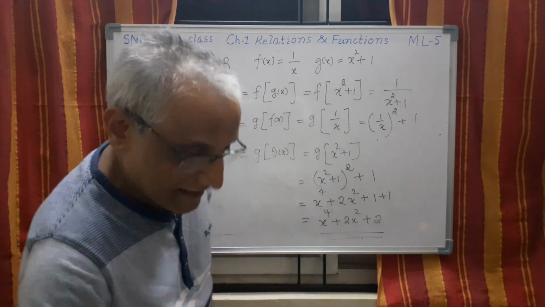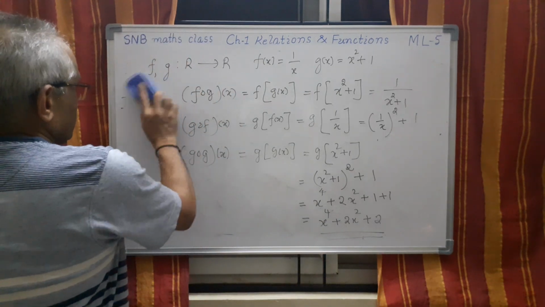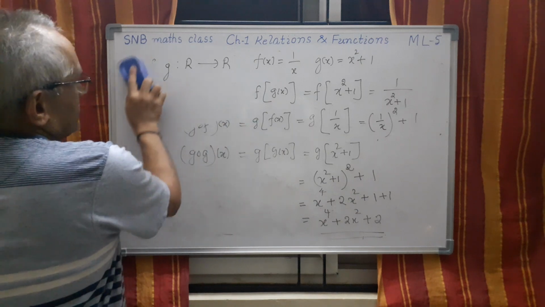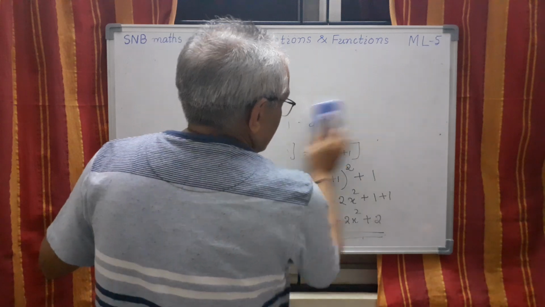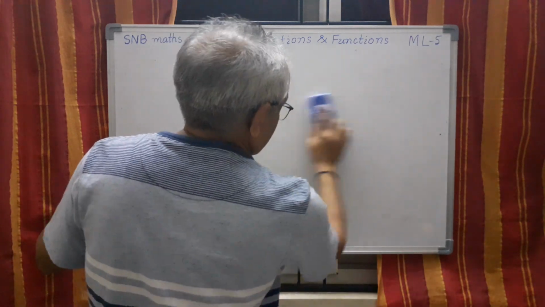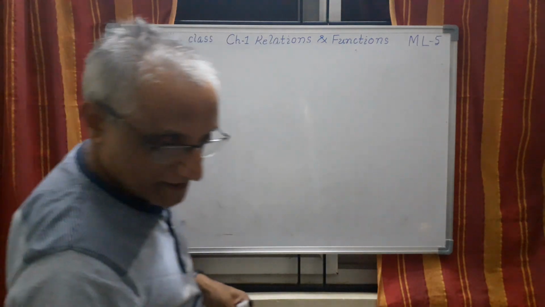Of course, there are many interesting properties of composite functions. One property you have seen already: composite functions are not commutative in general. For given functions, it need not be commutative.